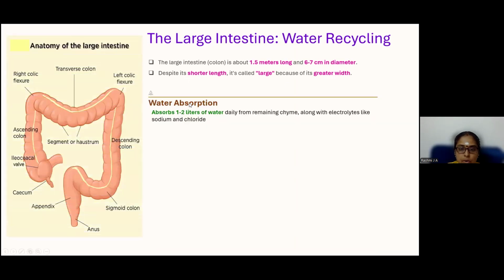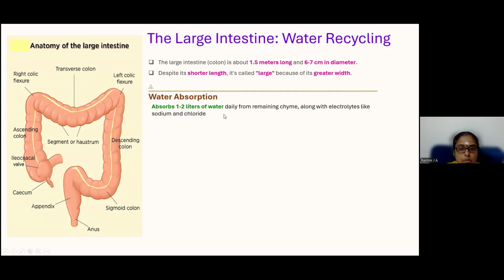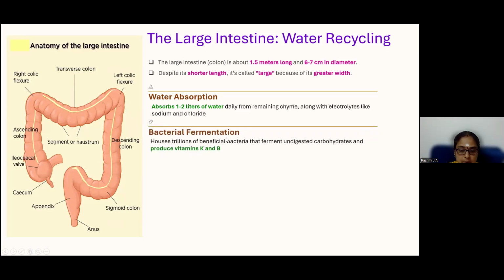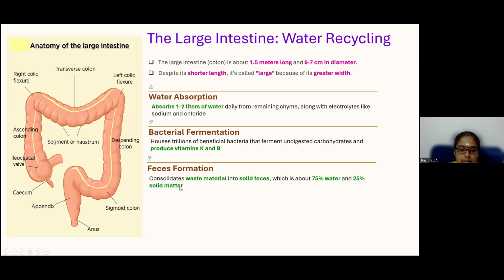Water absorption: it absorbs 1 to 2 liters of water daily from the remaining chyme along with electrolytes like sodium and chloride. Then bacterial fermentation: it houses trillions of beneficial bacteria that ferment undigested carbohydrate and produce vitamin K and B. Then it consolidates the waste material into solid feces, which is about 75% water and 25% solid matter.